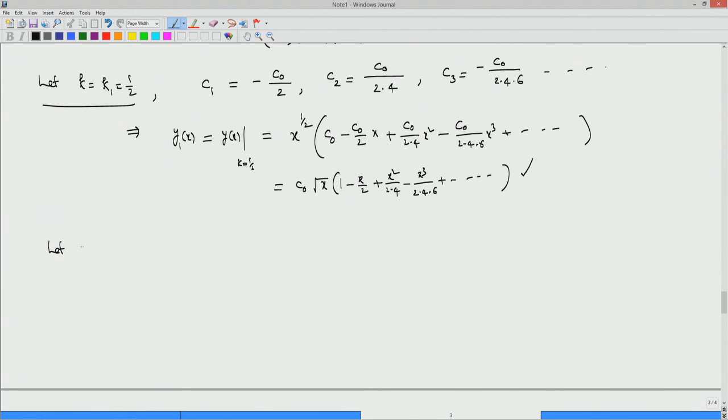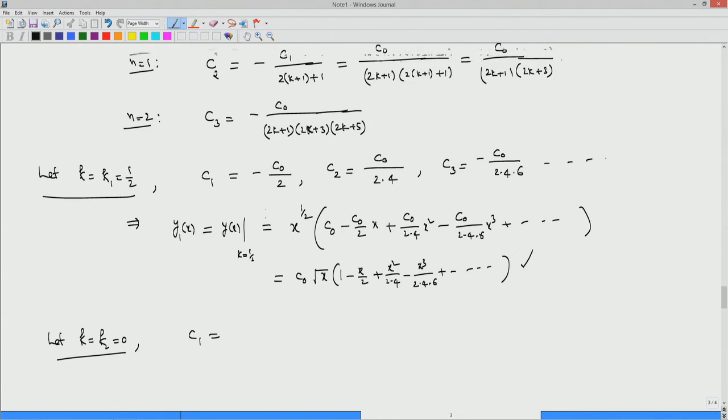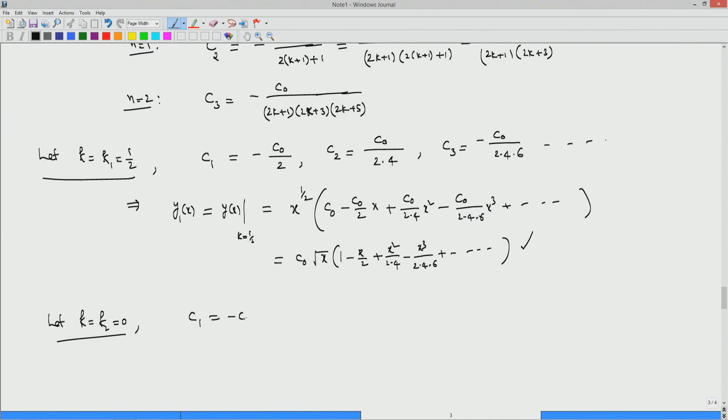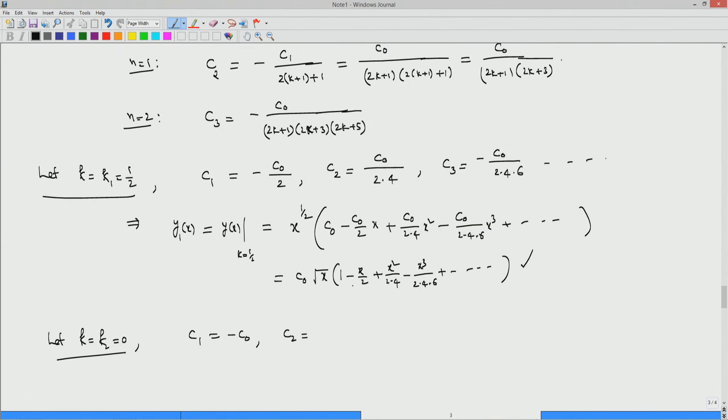Now, you allow k equal to k2, which is 0. If you do this, what happens to your C1 from your recurrence relation? If I put k equal to 0, you have minus C naught. C2 will be minus C1 divided by 2 plus 1, so 3, which is going to be C naught divided by 1·3.